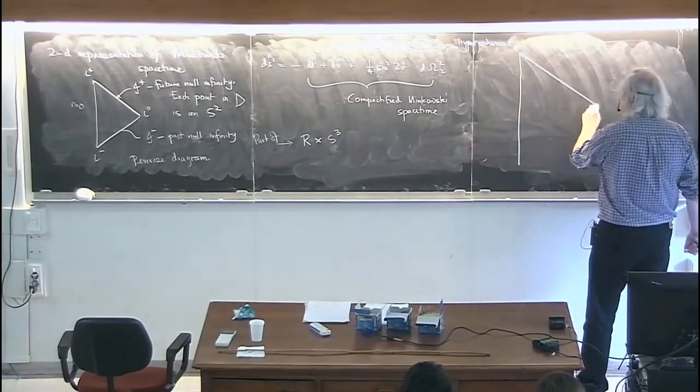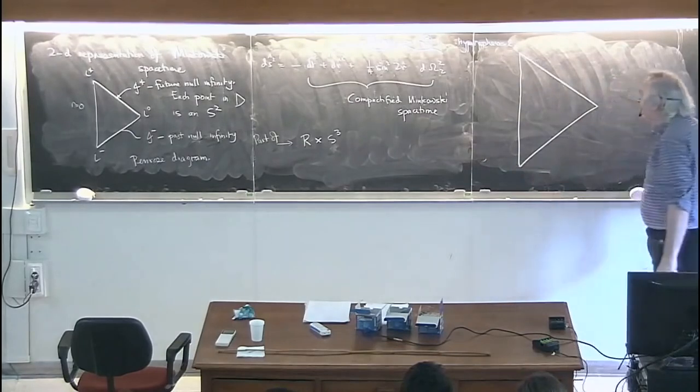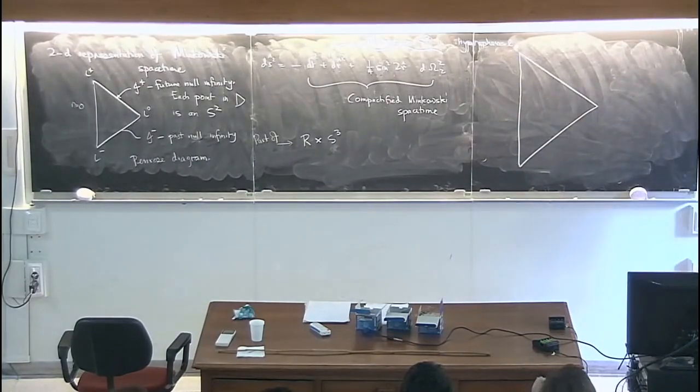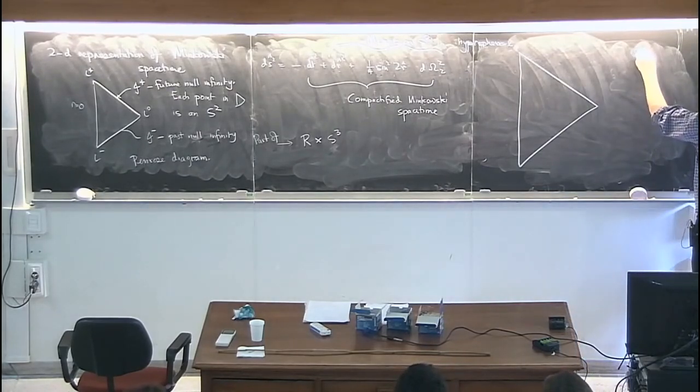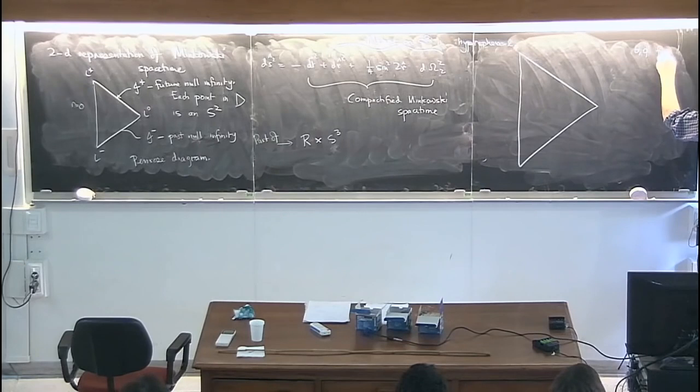Null geodesics, well, I'm just going to consider what happens in the t-r plane. So I'm going to fix theta and phi. These are angles on the two-sphere. That doesn't make much difference because many of the spacetimes that we're going to be considering are spherically symmetric.